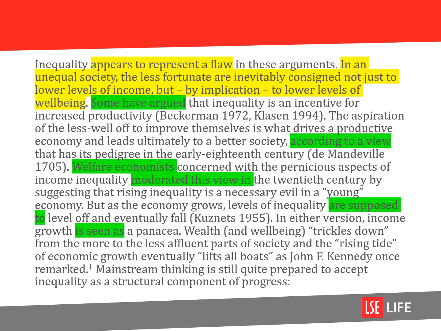So he engages with the literature, he's being a bit critical about it, but you can see quite a lot of this language. Some have argued, according to a view, welfare economists moderated this view, levels of inequality are supposed to level off, income growth is seen as a panacea.